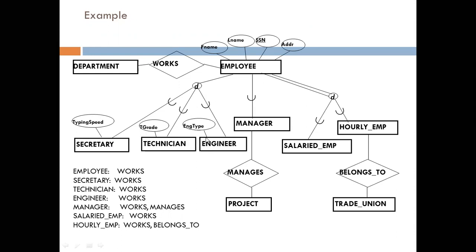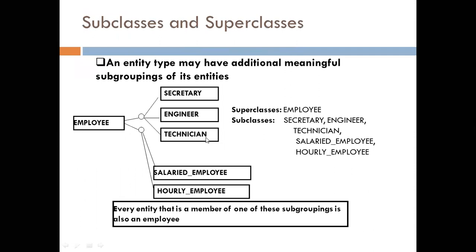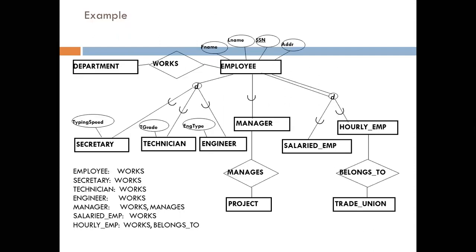Each of these subclasses can have their own attributes. The secretary attribute is typing speed, for technician it is grade, for engineer it is type of engineer. So each subclass can have its own attributes also, and that is mentioned like this.